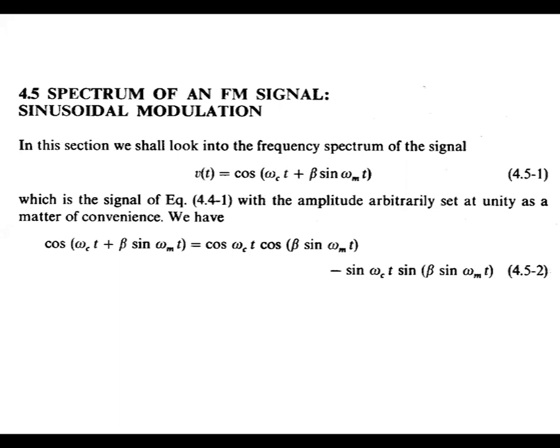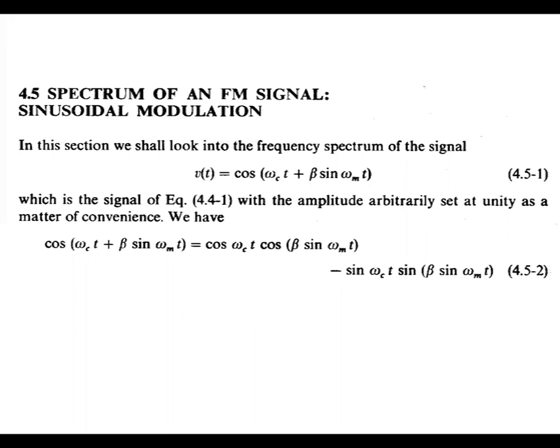Whereas in frequency modulation, beta is the modulation index. Beta is the deviation of the frequency divided by the modulated signal frequency, del f by fm. So the frequency deviation by the modulating signal frequency is the modulation index, whereas in AM it is the ratio of the amplitudes of the carrier and the modulated signal.